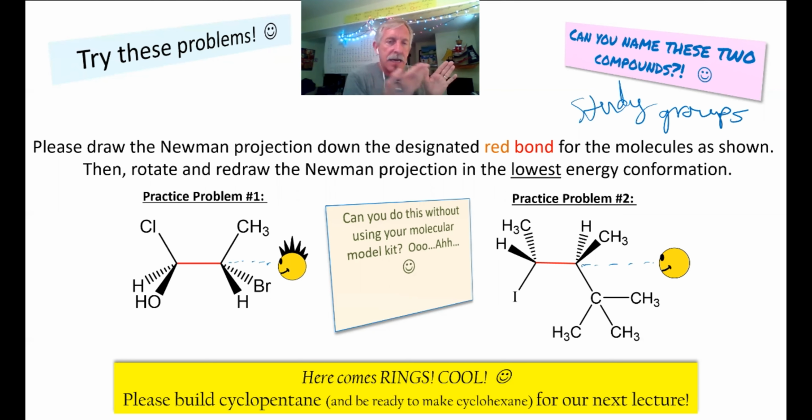Okay, looking down that bond, draw the Newman projection as is, then rotate and redraw and create the new Newman projection if needed to show the lowest energy conformation possible. So you will have 2 of these. Try doing it without your molecular model kits. The more you can practice without them and then maybe confirm with them, that would be great.